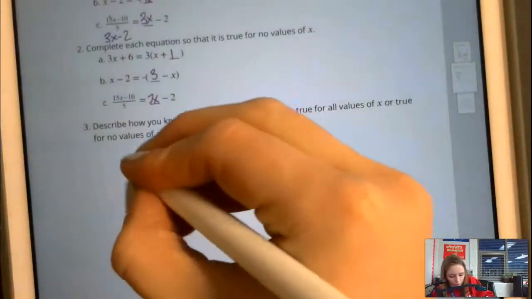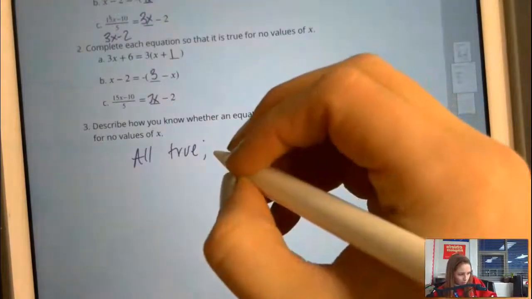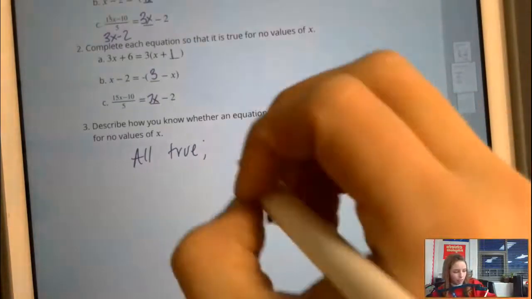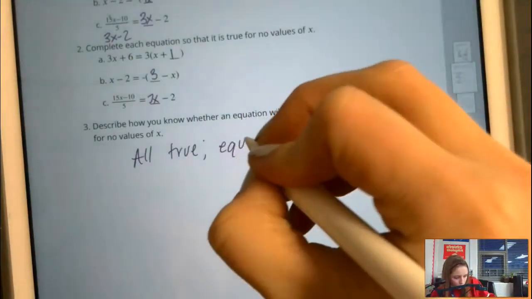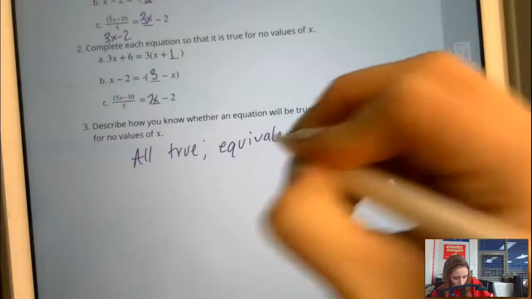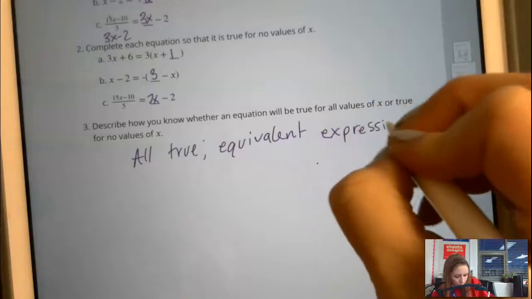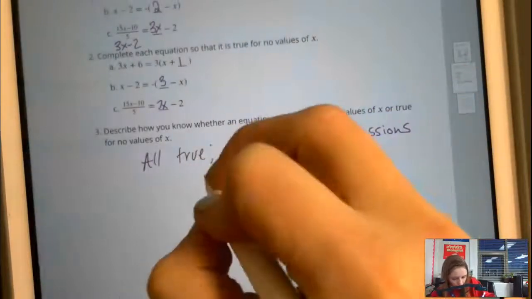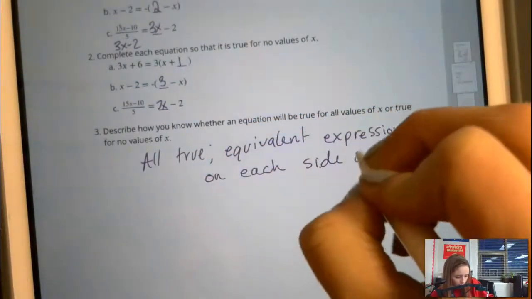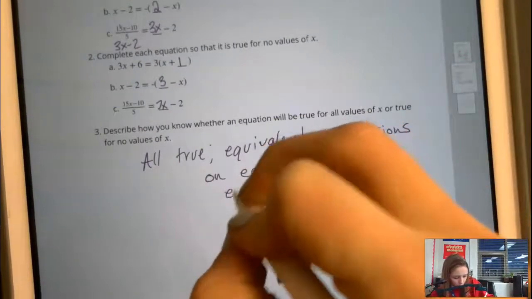Well, when it is always true, we would have equivalent expressions on each side of the equal sign.